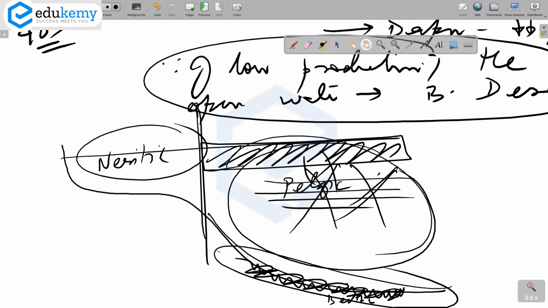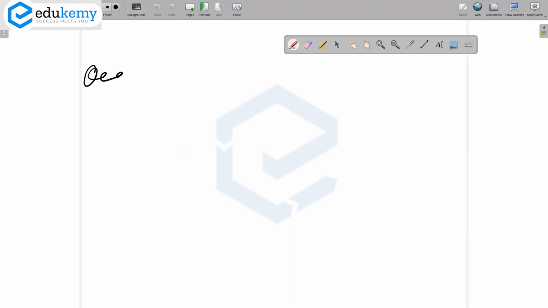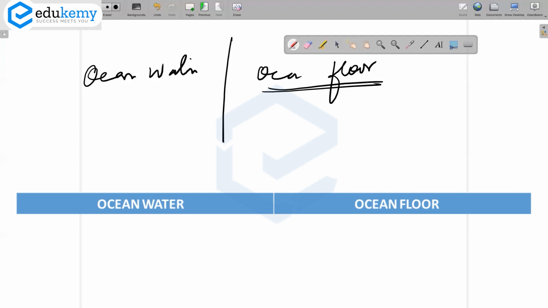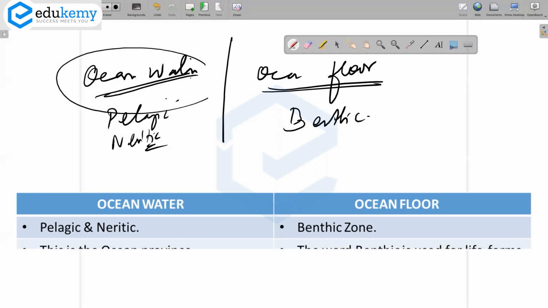One is the differentiation of the ocean. In classification, one is the differentiation of ocean water and one is the differentiation of the ocean floor. Ocean floor will include the benthic zone. Ocean water will include the pelagic and the neritic. So don't confuse floor and water. The water, this is the province.